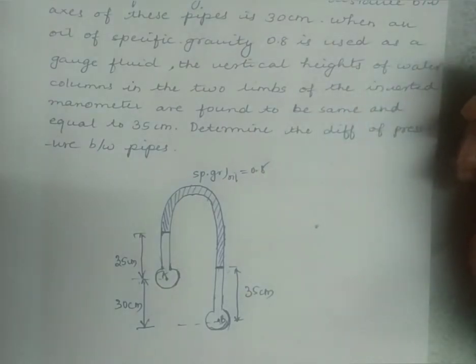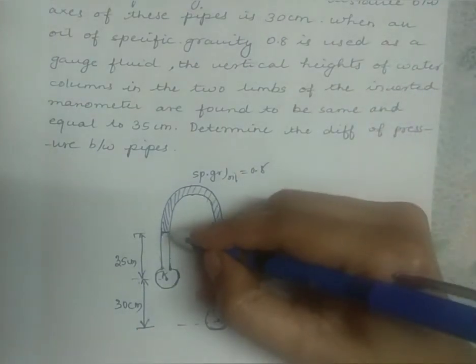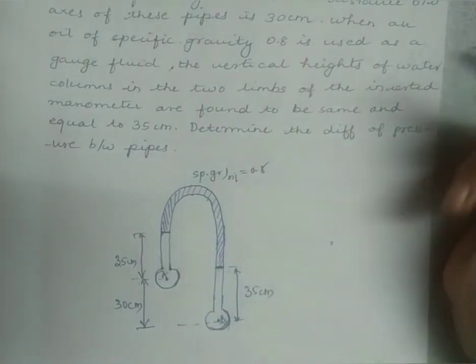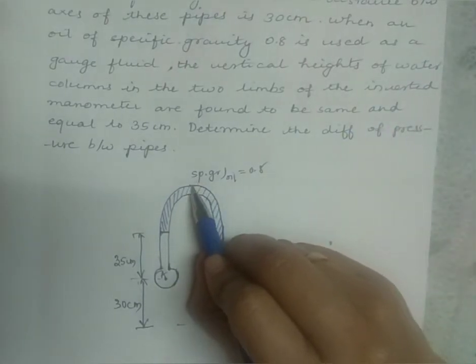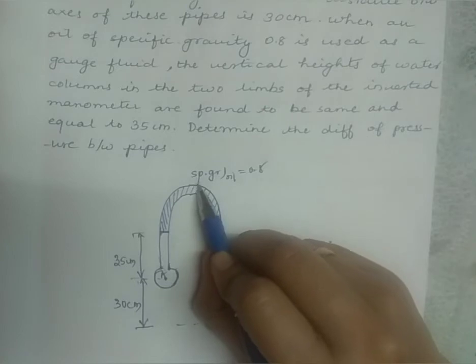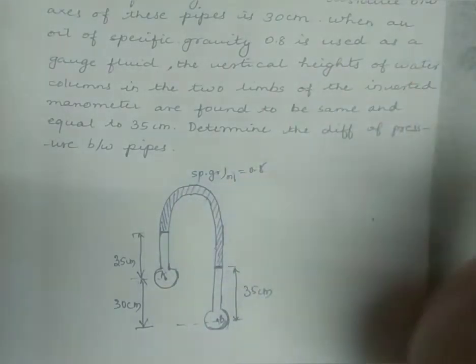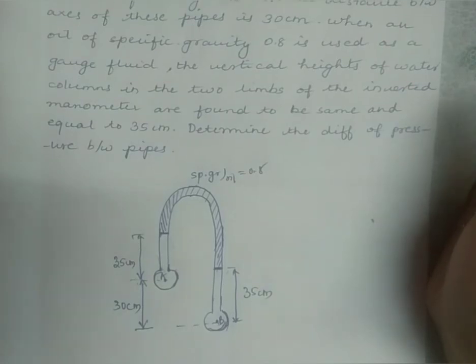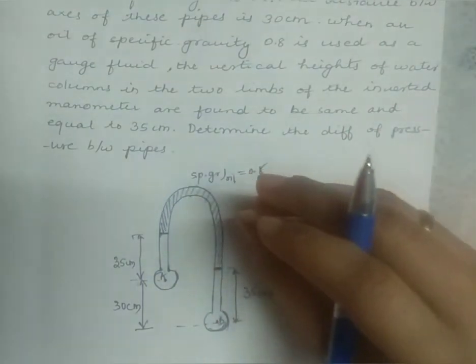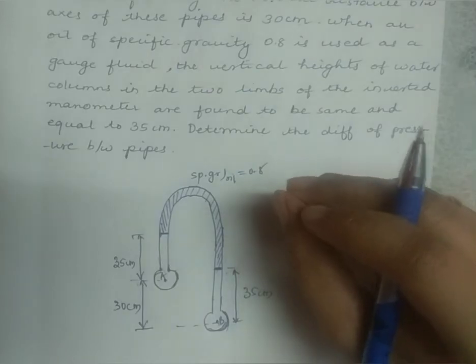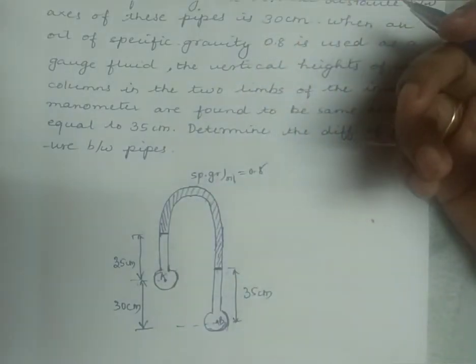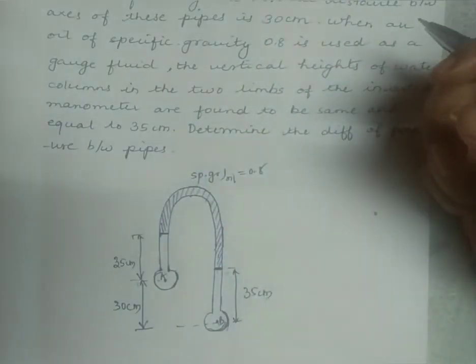The reason is that if we are using an inverted U-tube manometer, we can provide an air vent at the topmost portion, where you can eject all the air bubbles in the manometer. That is not possible when you are using a normal U-tube differential manometer.